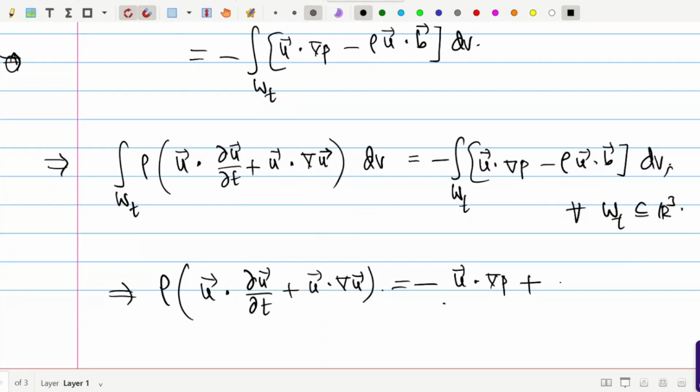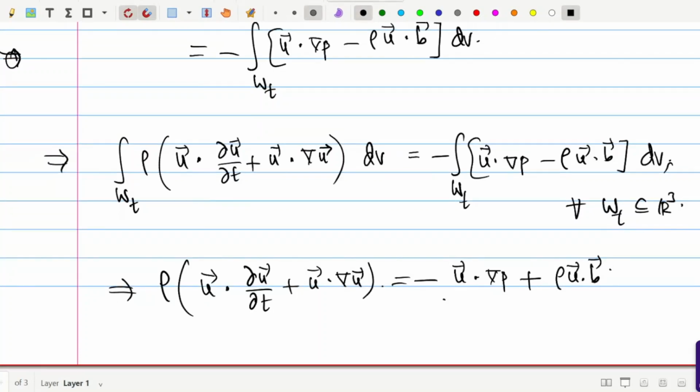So that's minus minus plus, here rho U bar dot D bar, right? So this you can get it directly from how do you get this? This is equivalent to conservation of momentum. This is basically you make a dot product with U, exactly, right?